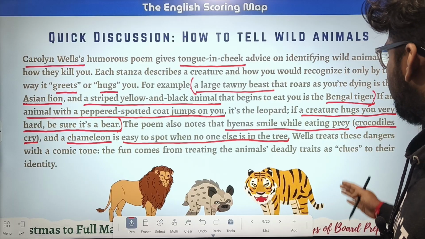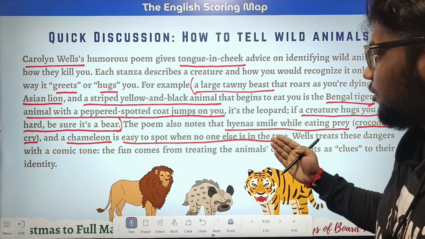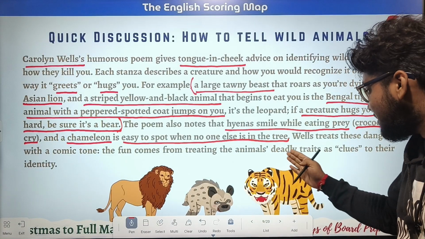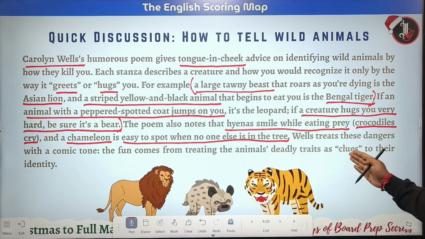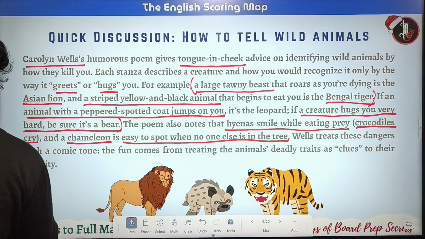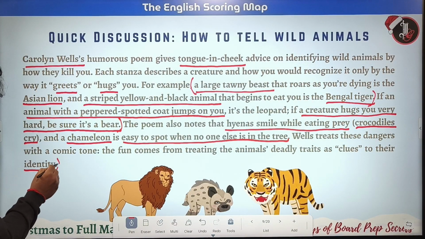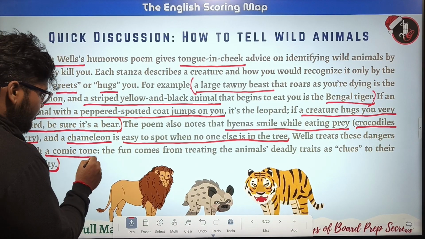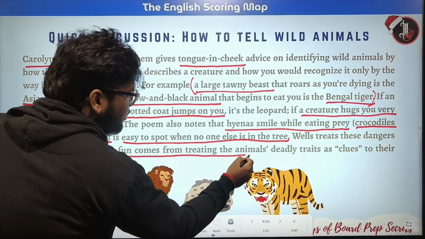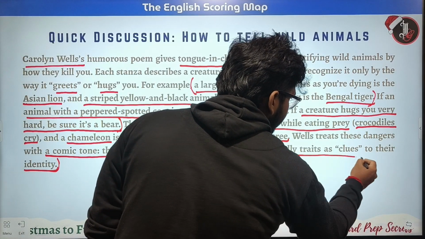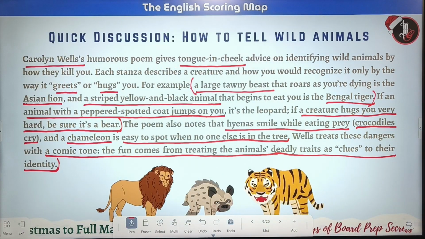The fun comes from treating the animals' deadly traits as clues to their identity. Mark this out: from comic tone, the fun comes from treating the animals' deadly traits as clues. We all know what traits are.